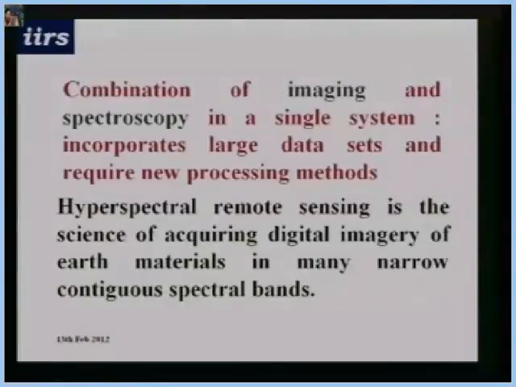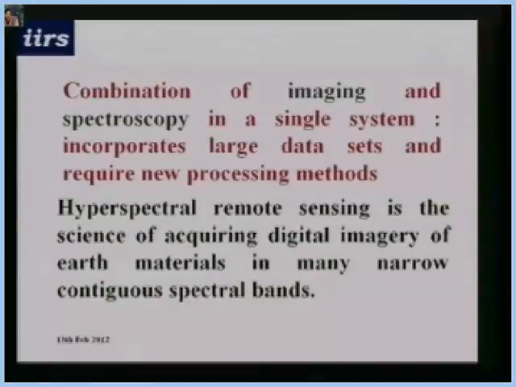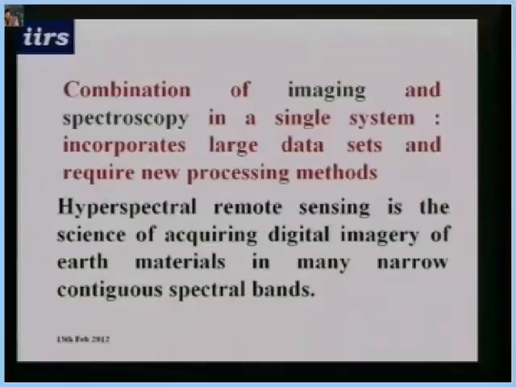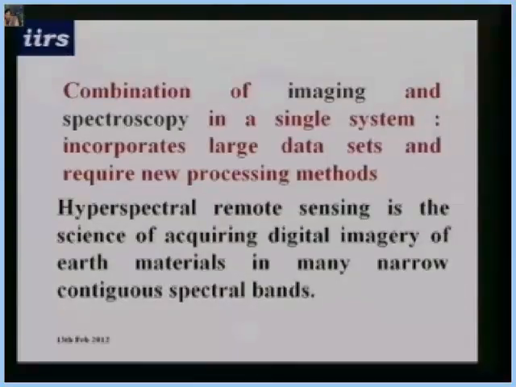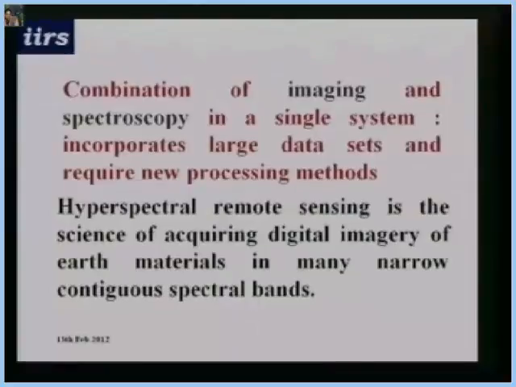So the key is the acquisition of images in hundreds of registered contiguous spectral bands, such that for each picture element of an image it is possible to derive a complete reflectance spectrum.